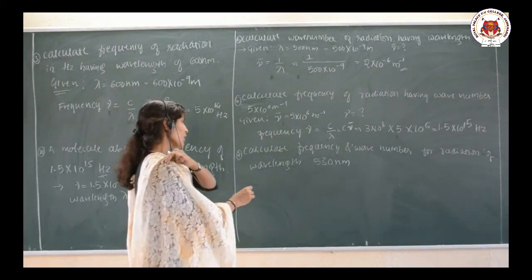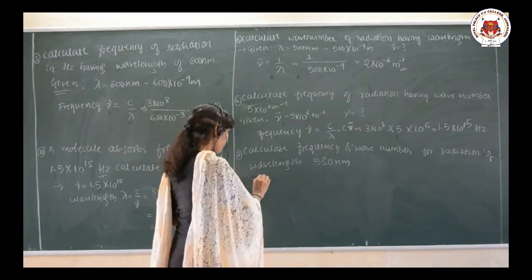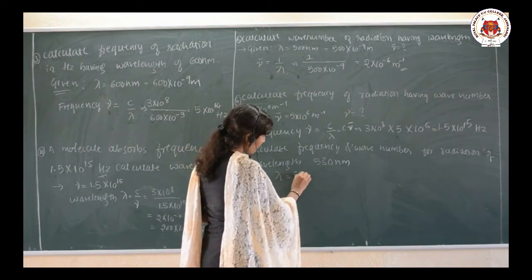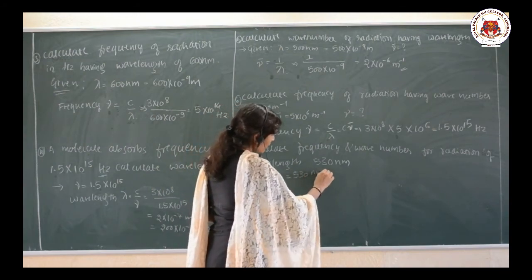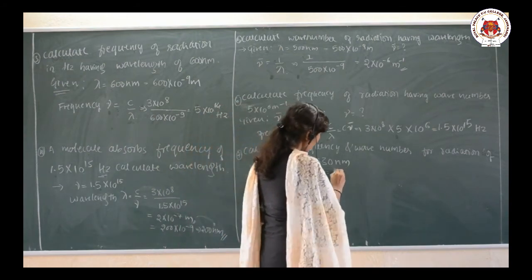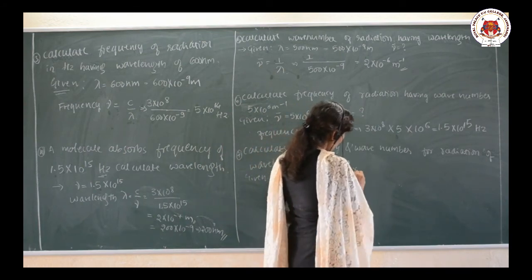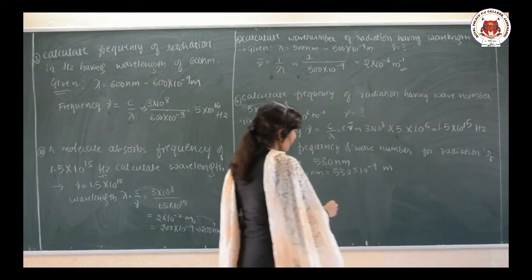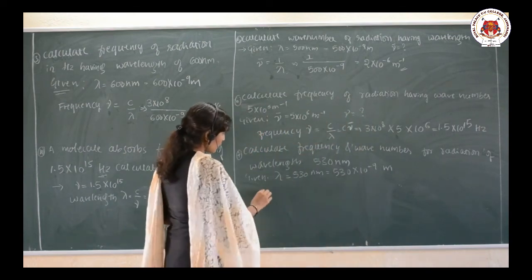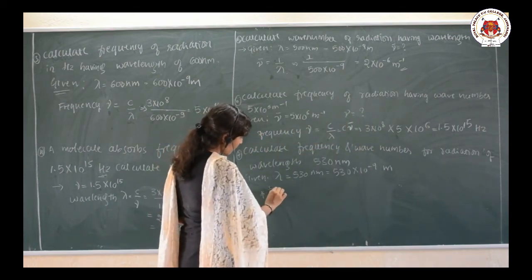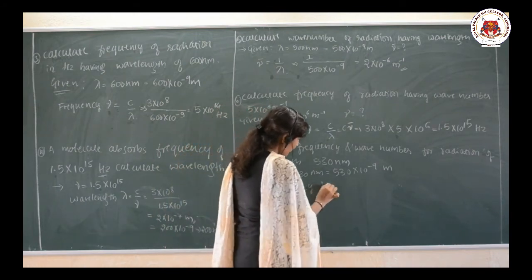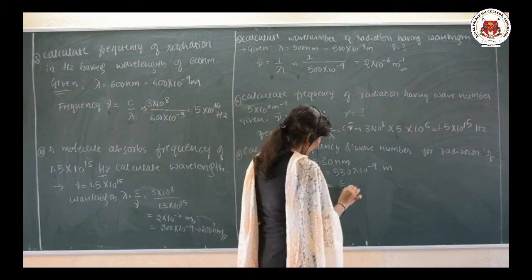So, here what is given? Wavelength is 530 nanometer, that is 530 into 10 to the power minus 9 meter. So, we need to calculate frequency. Nu is equal to C by lambda.